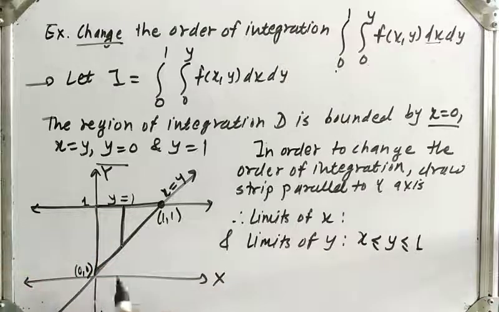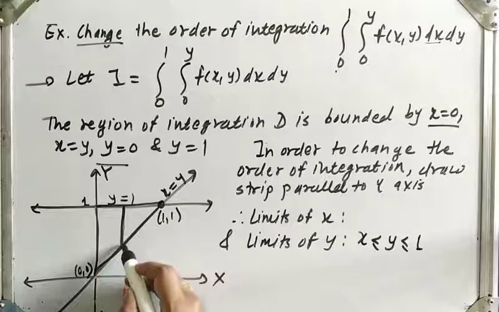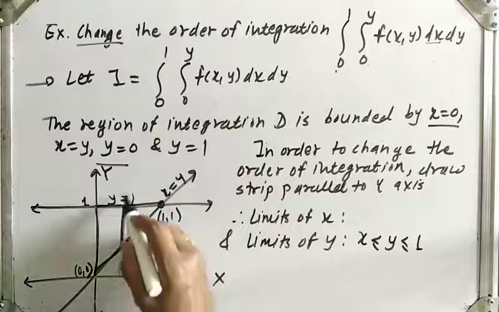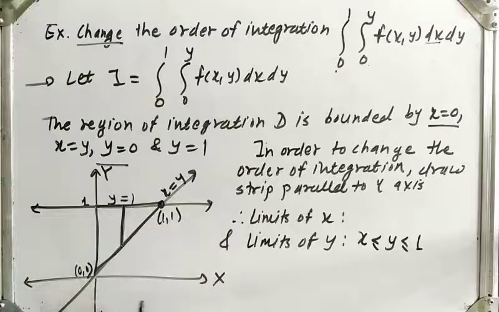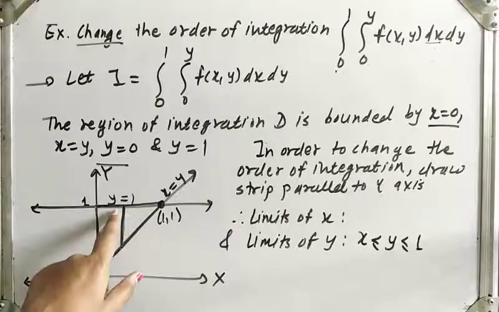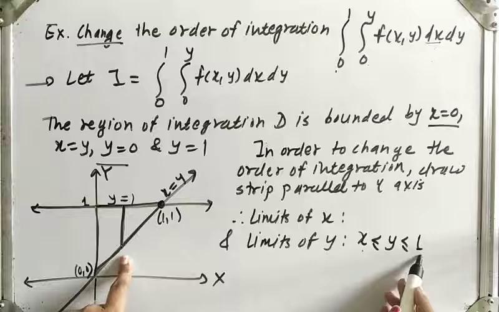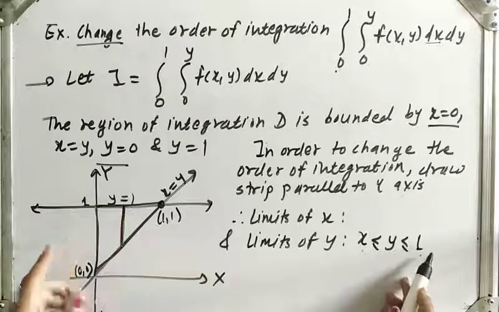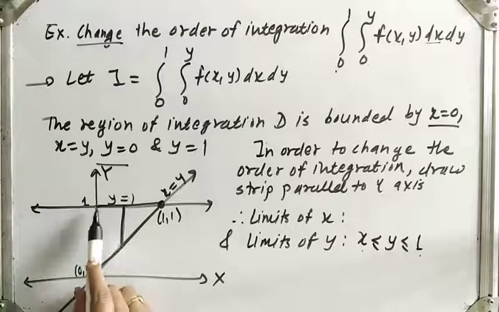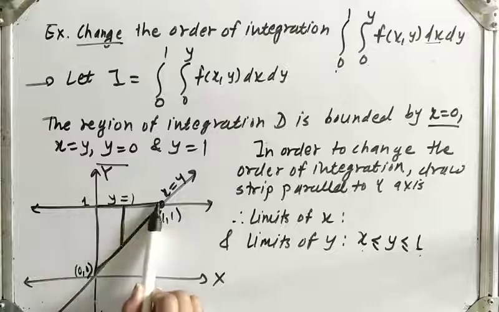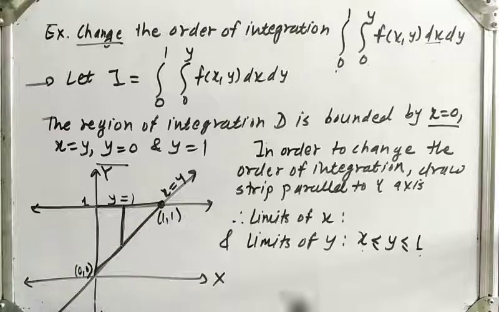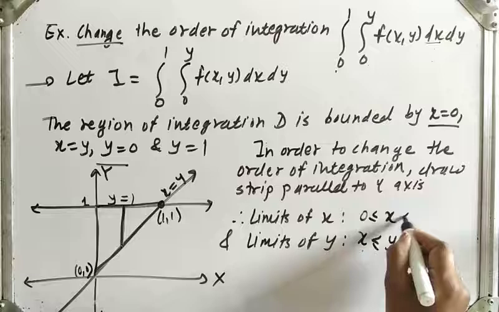For a strip parallel to y, we take the limits as the curves at which the strip touches at the lower point and at the upper point. At the lower curve this strip touches y is equal to x, and at the top the strip touches y is equal to 1. For this region, the limits of x are x is equal to 0 to x is equal to 1.